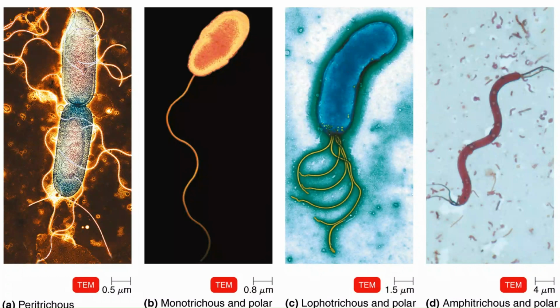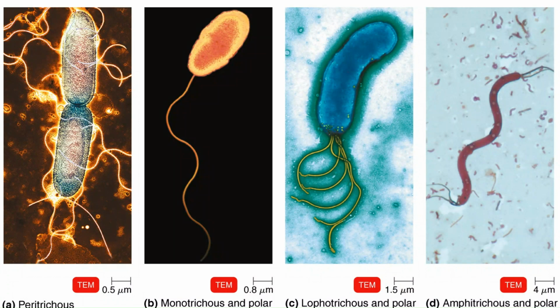In image A, we have something called peritrichous. Peri means around, so we can find flagellum all the way around the cell. In image B, we have monotrichous. It is called monotrichous not because it's at one end of the cell, but rather because there is a single flagellum at that end of the cell. And because we find it at just one end of the cell, we call it polar.